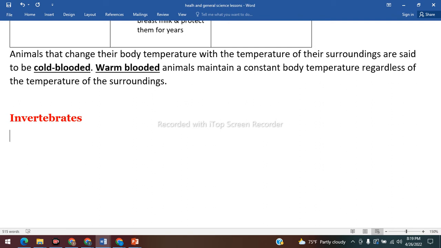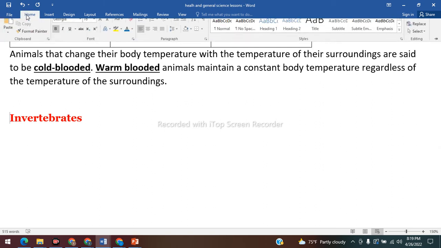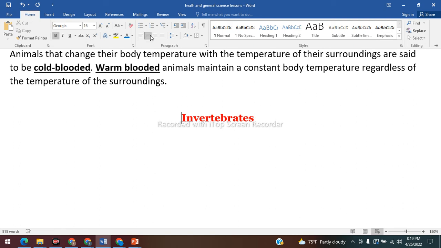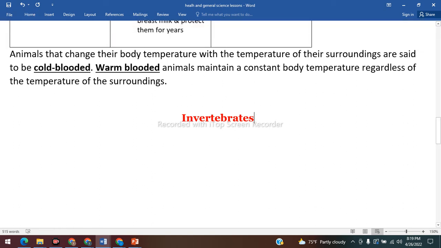So let's just talk about this before we actually get into it. The invertebrates, by the way, are animals without a backbone. Right, animals without a backbone.